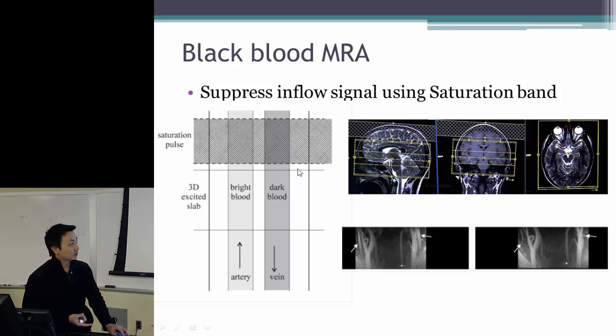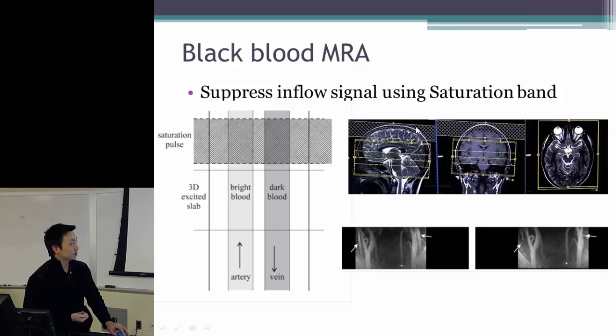So this part of the blood will be saturated, and then we wait a little bit for this saturated blood to flow into this imaging slab, and then we do the 3D excitation as we normally do. Then there will not be any signal left to collect from this inflowing blood.